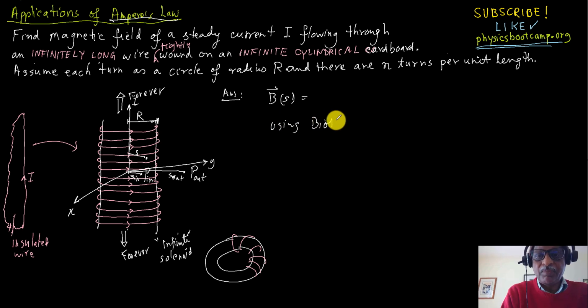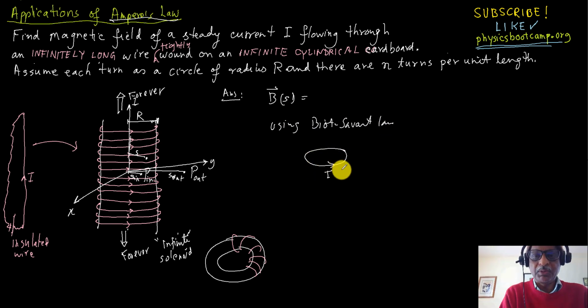So using the Biot-Savart law, now on one of the coils, so this is one of the coils. This is the current going this way. So the magnetic field will be going like that and coming out like that. So it's going to be rounding around that.